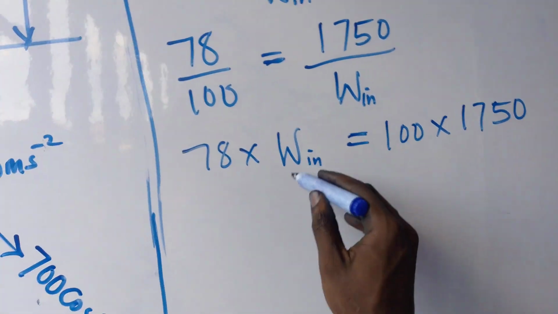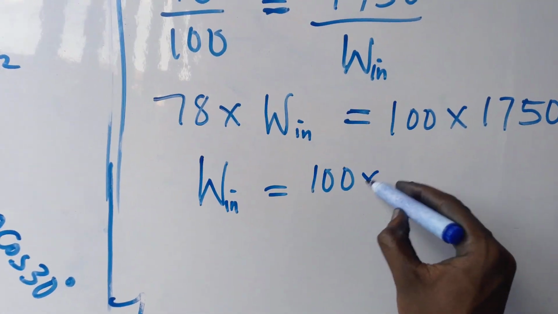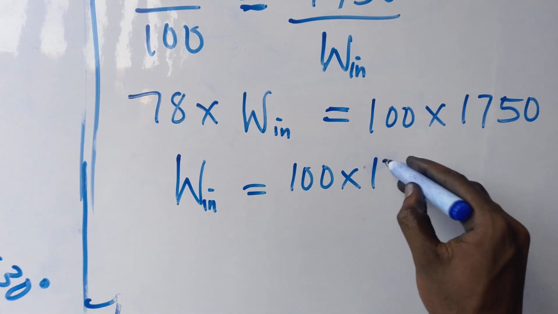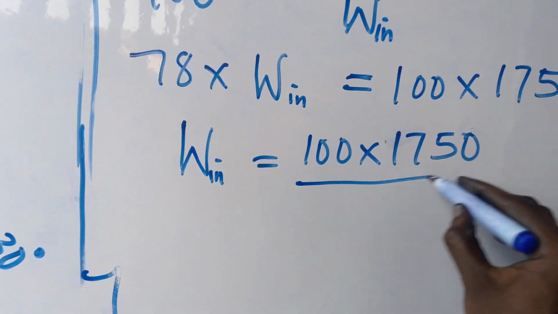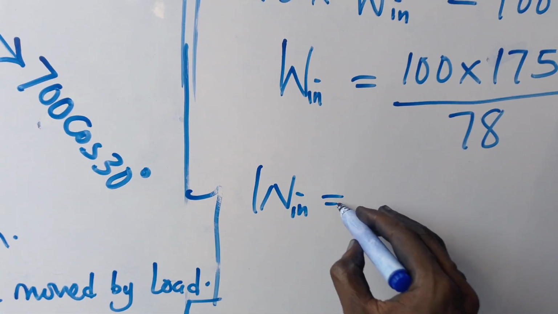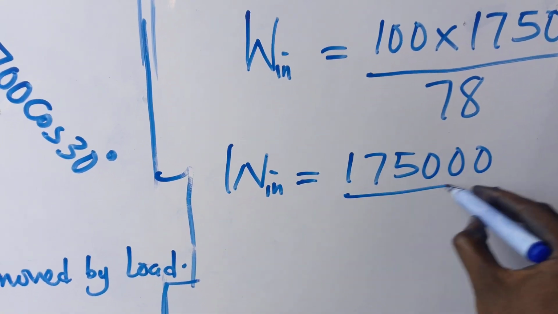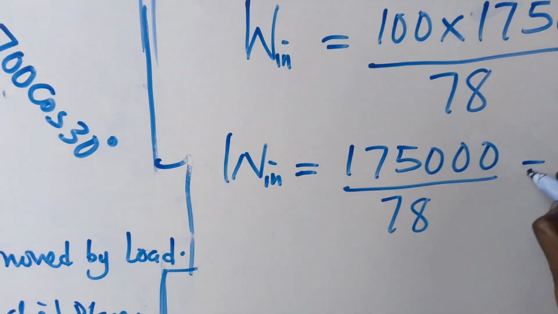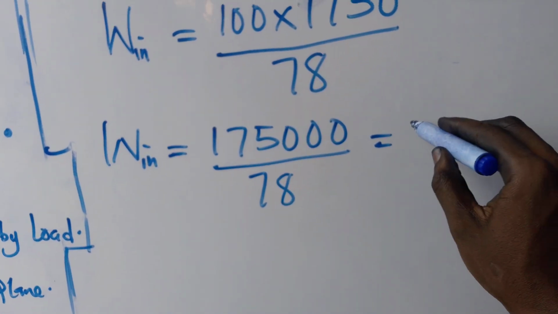Dividing by the coefficient of work input, my work input will be 175000 divided by 78.